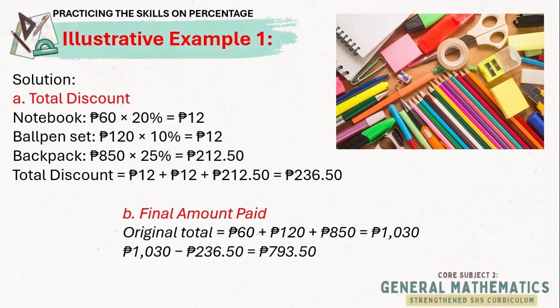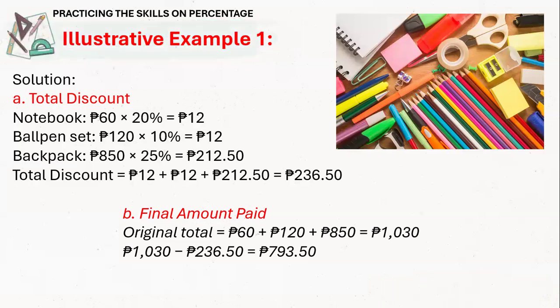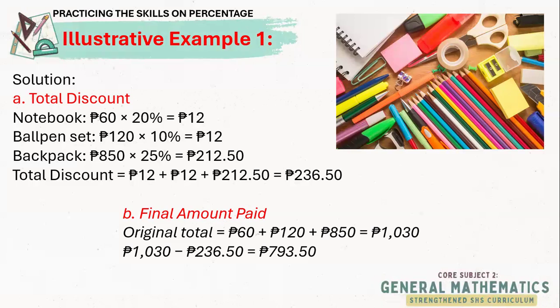So the answer is 793 pesos and 50 centavos. So as smart shoppers, we need to know how to calculate discounts before buying. This promotes responsible spending and better decision making when you purchase products.